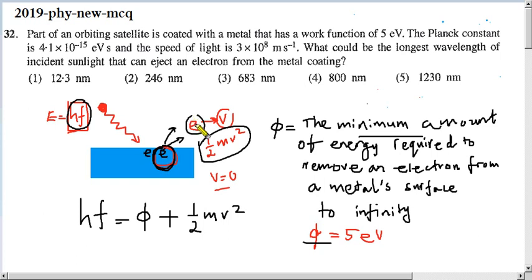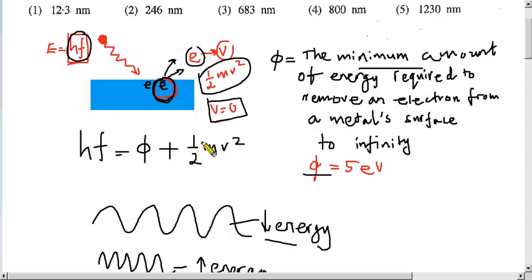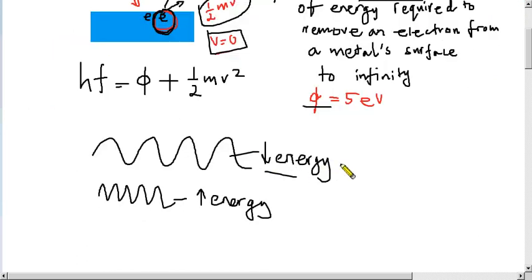So that means this electron does not have much velocity. It just silently liberates from the metal. So we have to take the velocity of the ejected electron as 0. We can assume that. Then kinetic energy is 0.